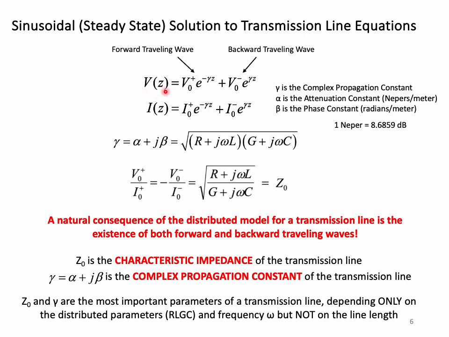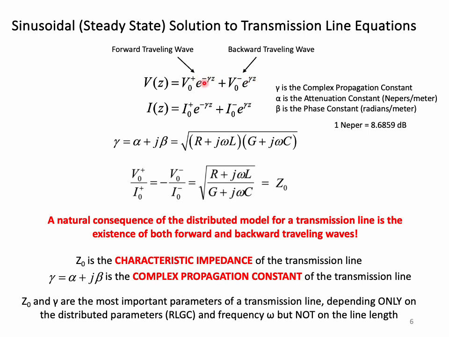The voltage V of Z at any point along the transmission line, as well as the current I of Z along any point on the line, is given by these two relationships. V of Z is V0 plus e to the minus gamma Z, which is the forward traveling wave, plus a term which is a backward traveling wave, V0 minus e to the plus gamma Z. Note that the negative sign disappears here because Z is moving in the opposite direction.